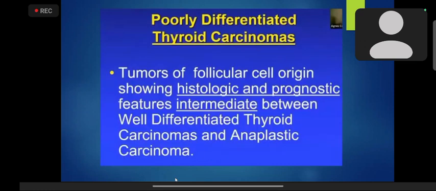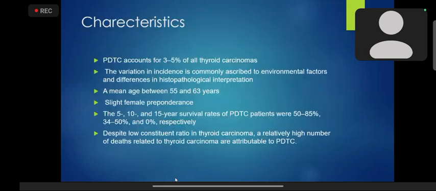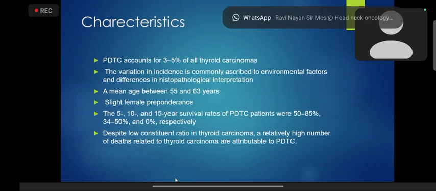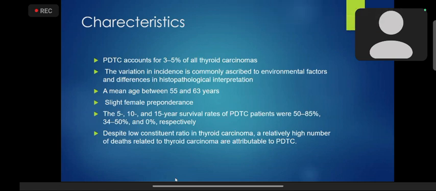So basically, poorly differentiated thyroid cancers are of follicular cell origin, showing histological and prognostic features intermediate between well differentiated thyroid carcinoma and anaplastic carcinoma. So what are the characteristics of poorly differentiated thyroid cancer? It accounts for a very small percentage among all thyroid carcinomas, 3 to 5%, and the variation in incidence is mainly due to environmental factors and differences in histopathological interpretation.